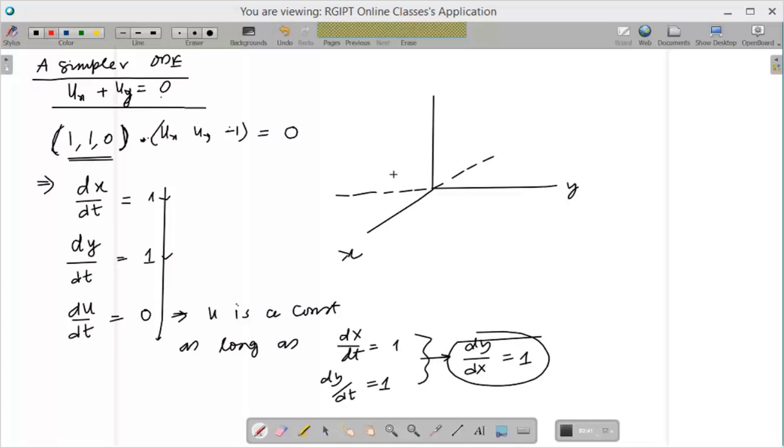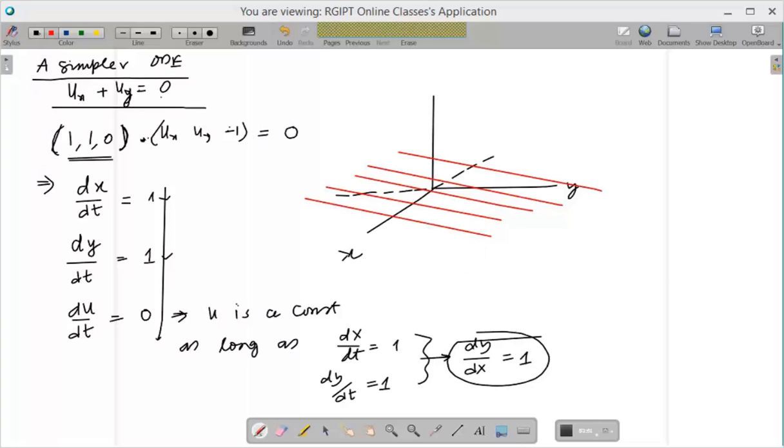So on these lines, u will be constant. It tells me that u will be constant on these curves.